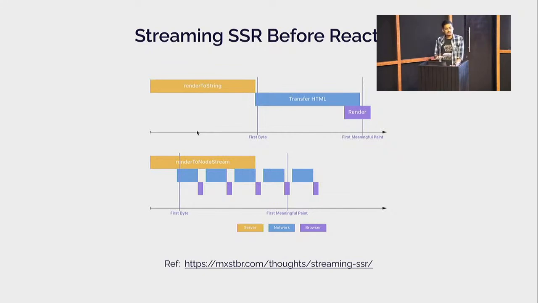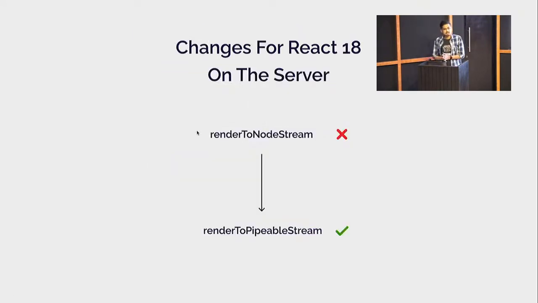Okay, so this was before React 18, but with React 18, the React team has deprecated the render to node stream method, and they have introduced a new method called render to pipeable stream.